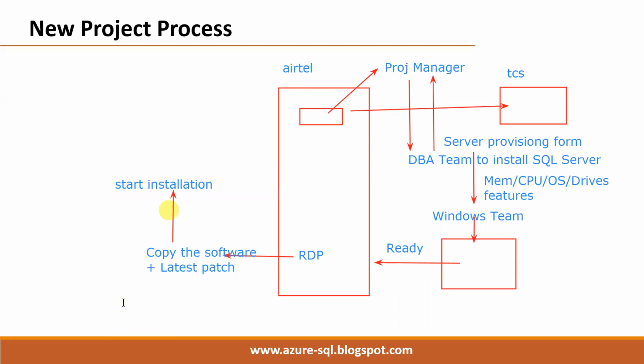Once the installation is done successfully, we'll send the mail back. Once the installation is done and we have applied the latest patch, we'll check whether our DBA team is able to access this server or not.